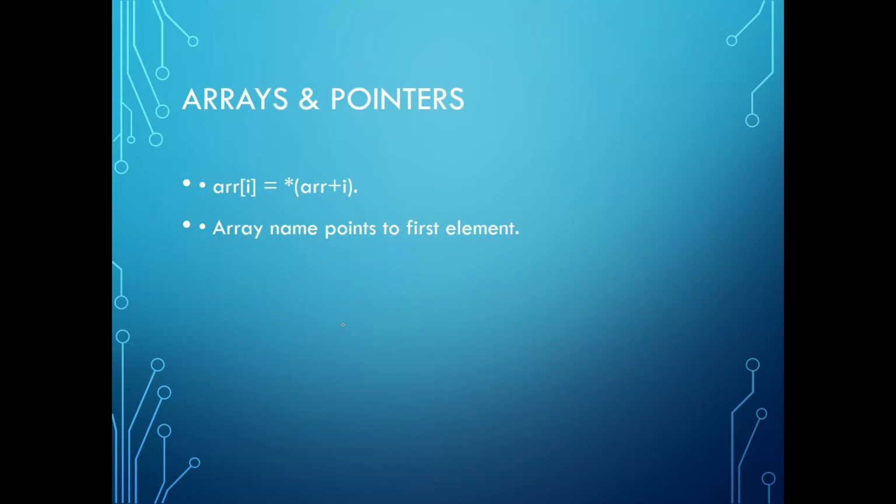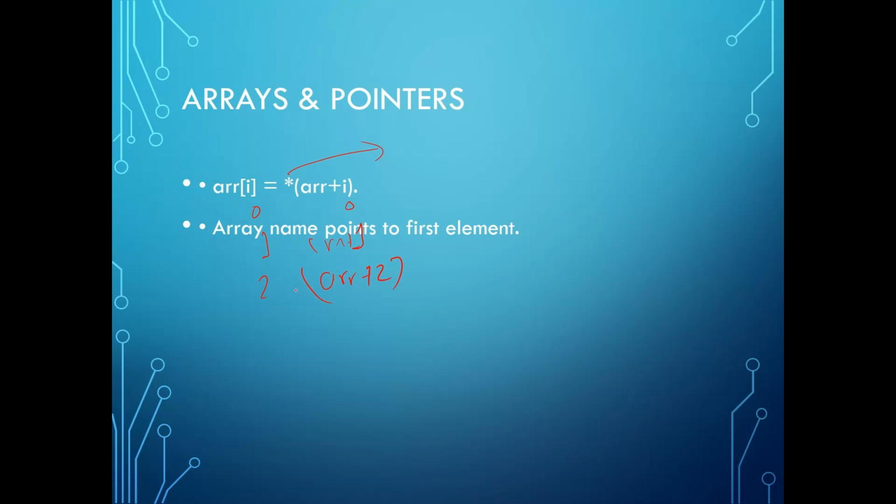So arrays and pointers, you know how it works. Array name is a pointer to its first element. Okay. So suppose the array name points to the first element. This is how the address goes, because the pointer is indicating the address there. So the zeroth element is at arr, then arr plus 1 and arr plus 2.